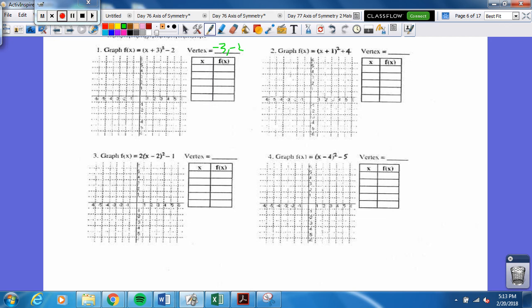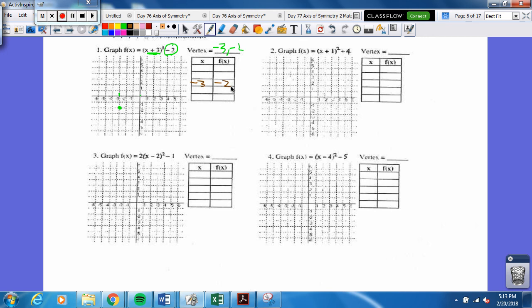Because I do what's opposite inside the parentheses, that's the left-right shift, and then on the outside afterwards, that's just straight up what it says. So it says negative 2, so I'm going to go down 2. So it's going to be left 3, then down 2. So that is your vertex. I'm going to write in the middle, negative 3, negative 2.